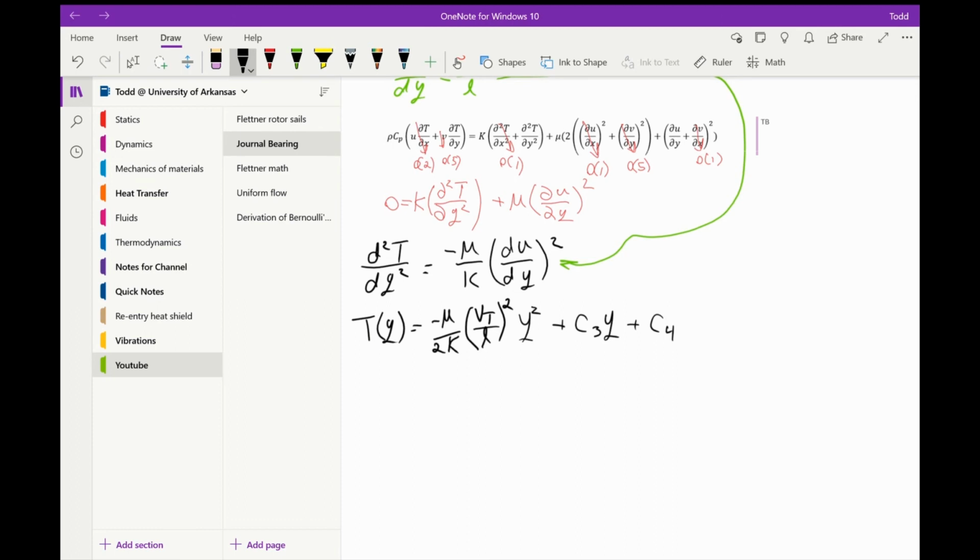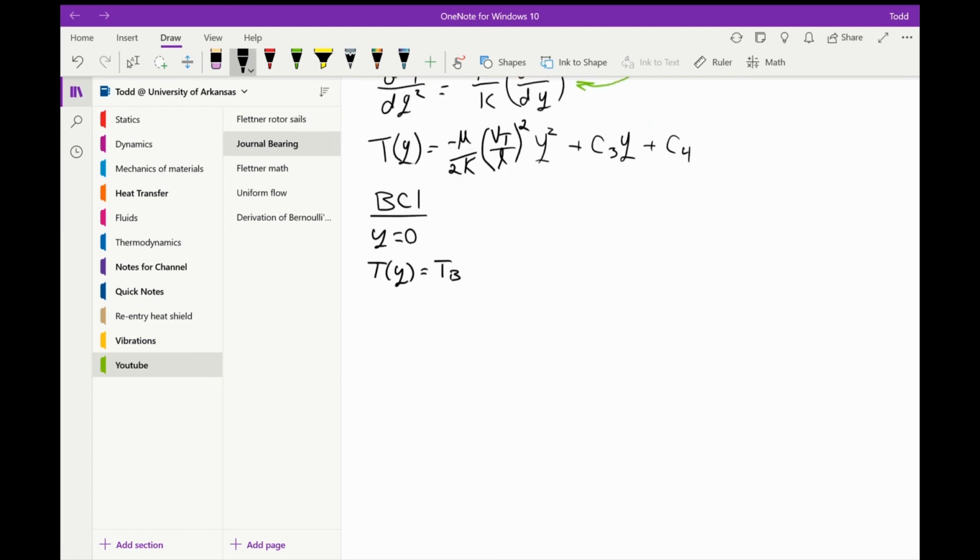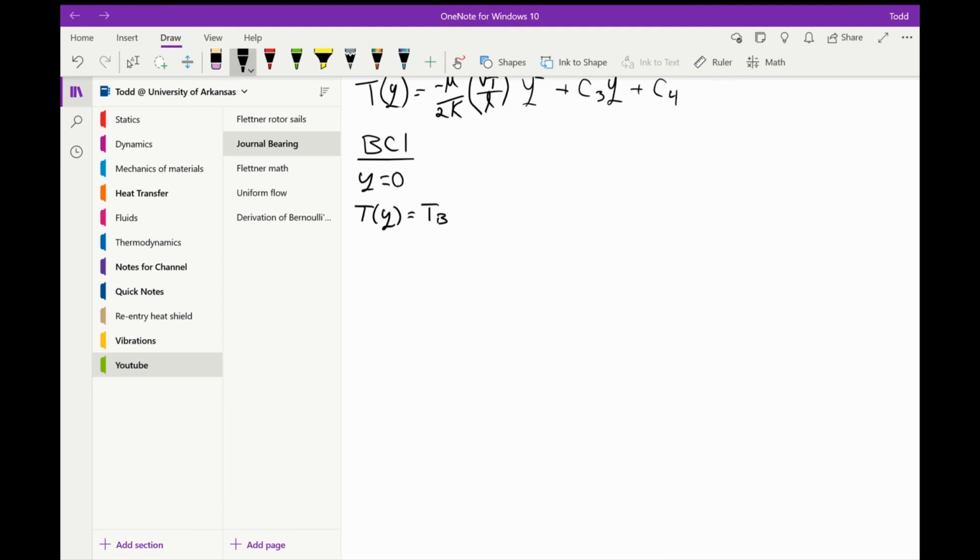Just like our velocity profile, our temperature profile is also dependent on where in the gap we are looking at. And again, just like our velocity profile, we are given two unknown constants, which we will solve by repeating what we did with our velocity profile by setting boundary conditions.